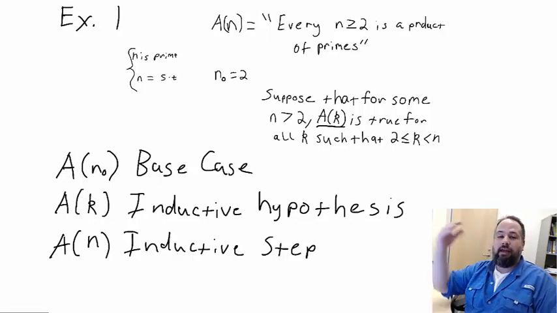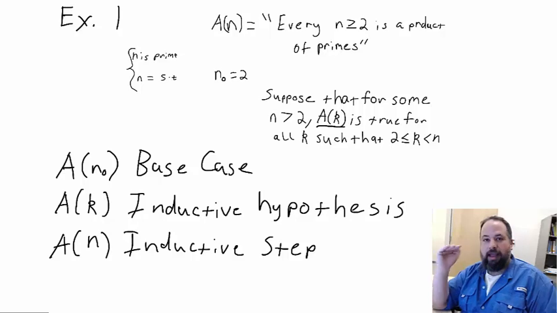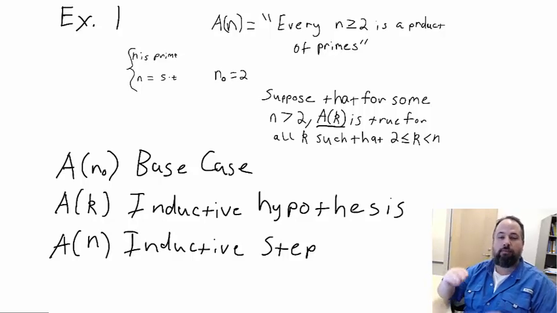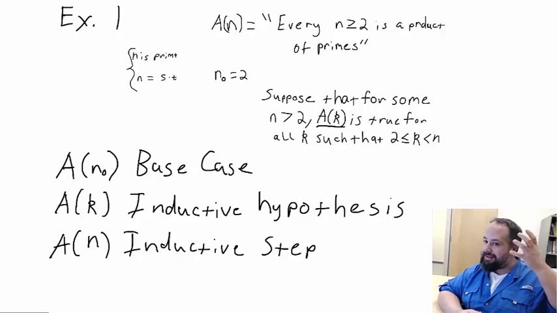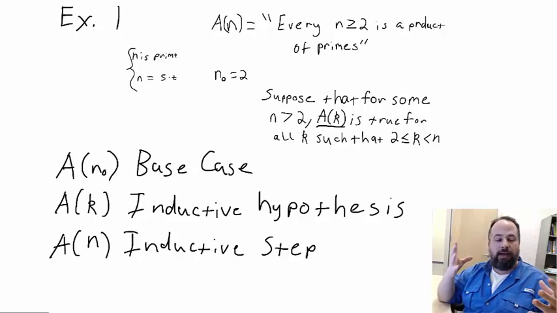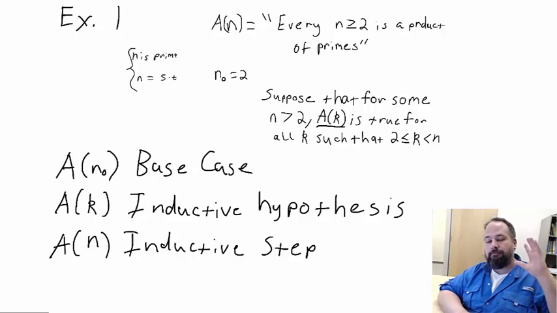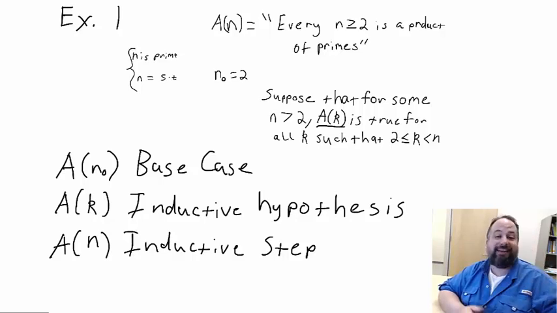Think about it. If it wasn't true for n sub 1, I couldn't prove it for n sub 2. And if it wasn't true for n sub 2, I couldn't prove it for n sub 3, and on down the list. So that is how induction works. It's a little kind of, to wrap your mind around, but it's true.